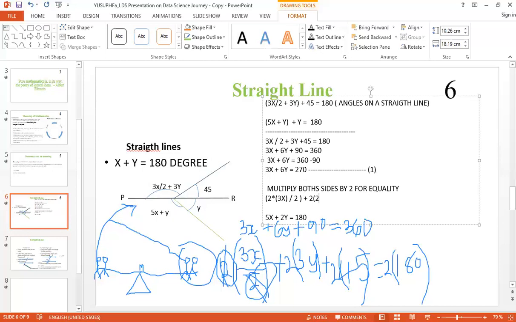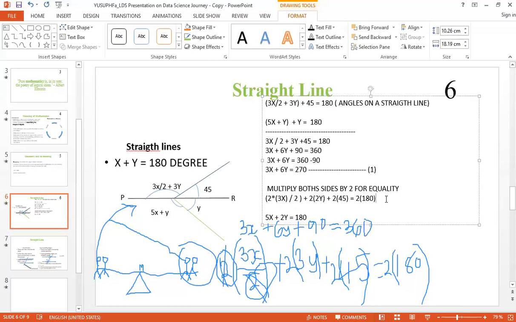2y plus 2 into 45. This is the only question we'll be solving, so don't worry. 2 into 180.